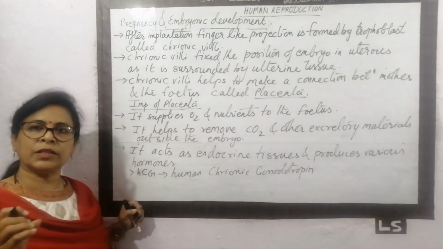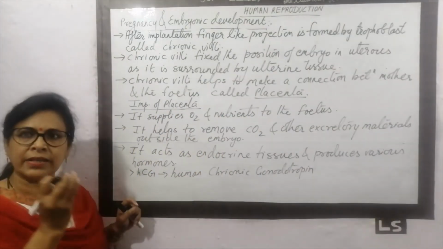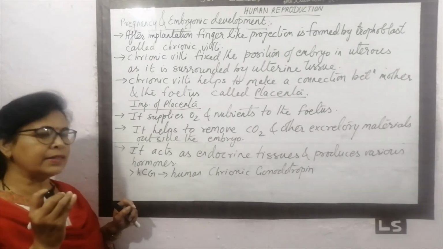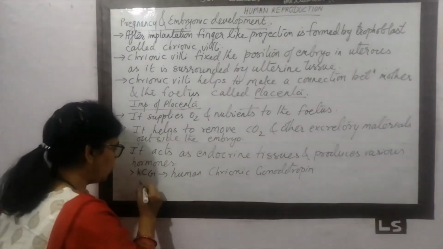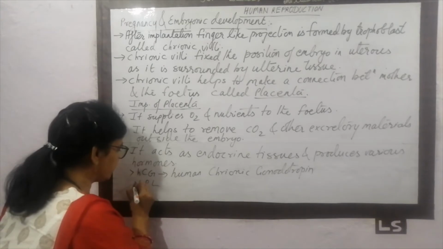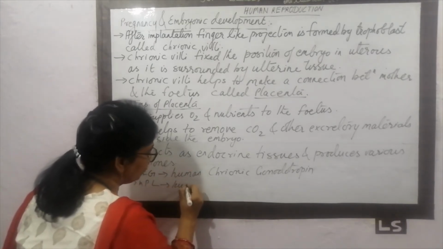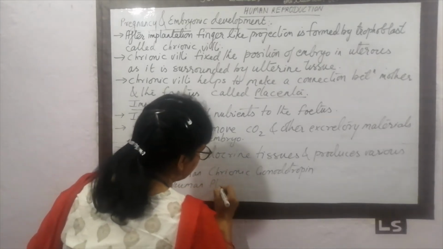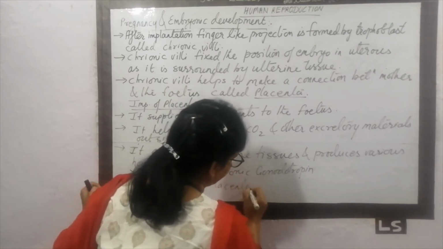One more hormone that is produced by this placenta is the human placenta lactogen.